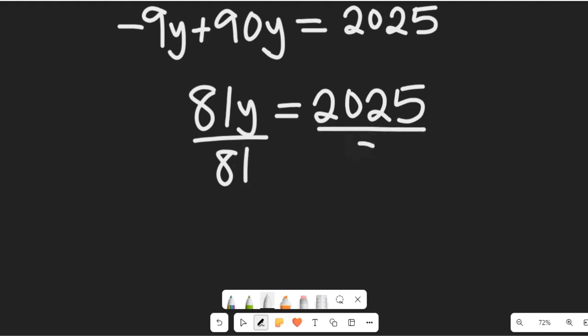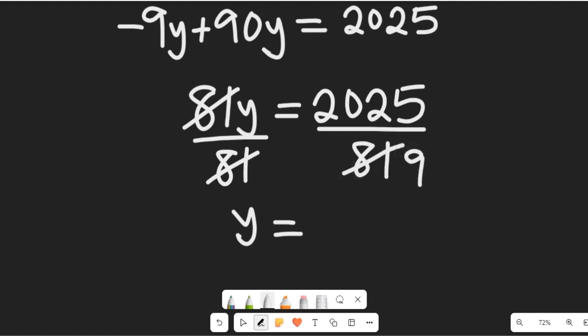So if we divide both sides by 81, we're going to find the value of y. So this divided by 81 and that divided by 81. So 81 will clear 81, y will be equal to 2025 divided by 81. 9 divided by 81 is going to give me 9, so my 9 here will give me 1, and 225 divided by 9 is going to give me 25.